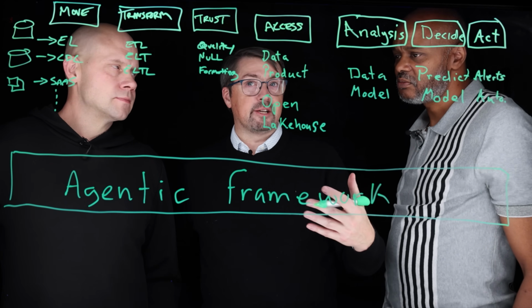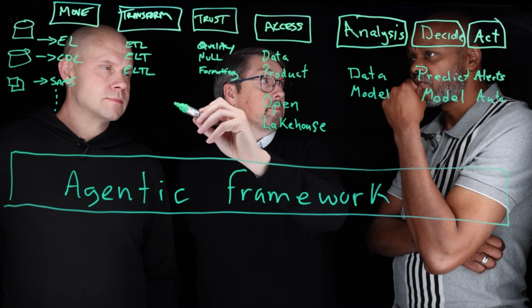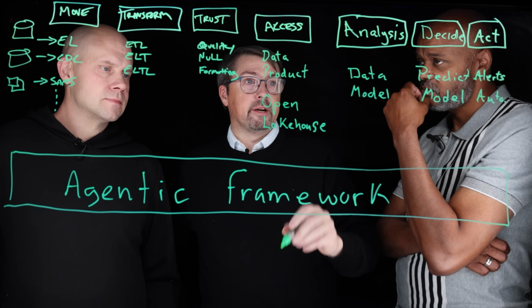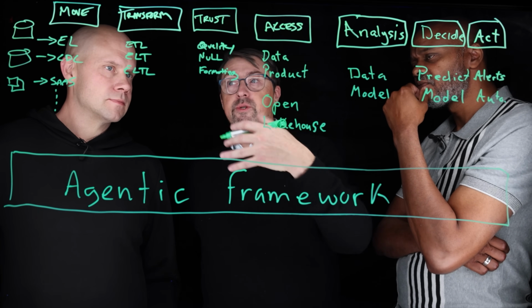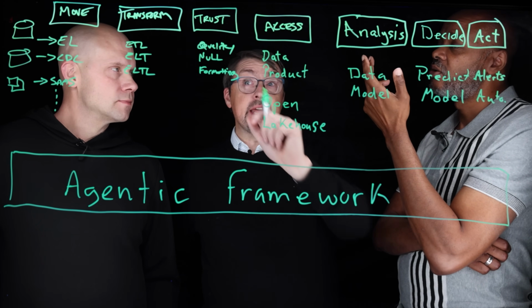Everything has traditionally been, and you've been in the industry a while, super manual. It's still somewhat manual, but bringing in an agentic framework, we are going to allow customers to use agents to go off and do some of that movement or transformation, or even go after trust.